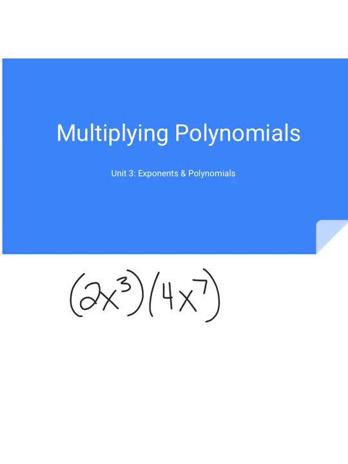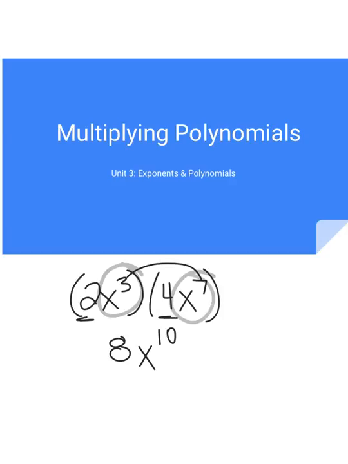So these are two monomials, and we were multiplying our coefficients. 2 times 4 was 8, and then we were multiplying the variables. And remember, when multiplying variables, you actually add the exponents, so we are going to add 3 and 7 for a power of 10. So that is 8x to the 10th.